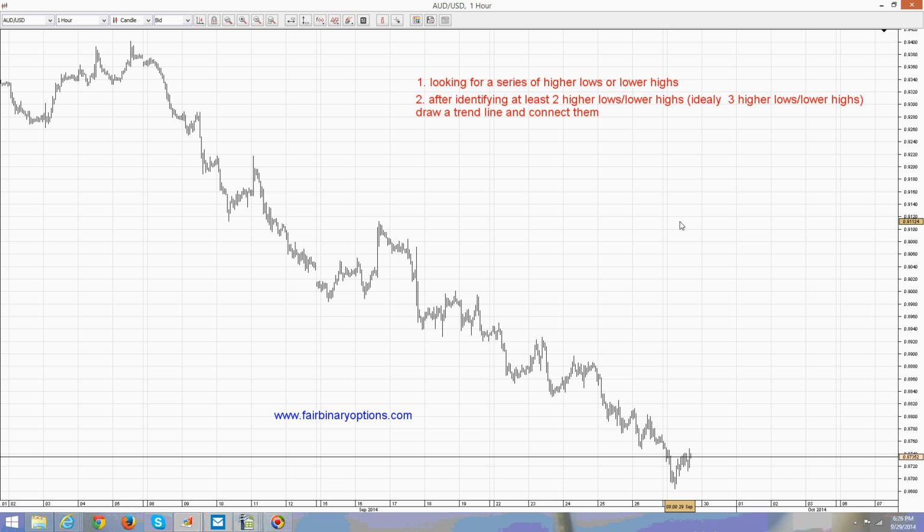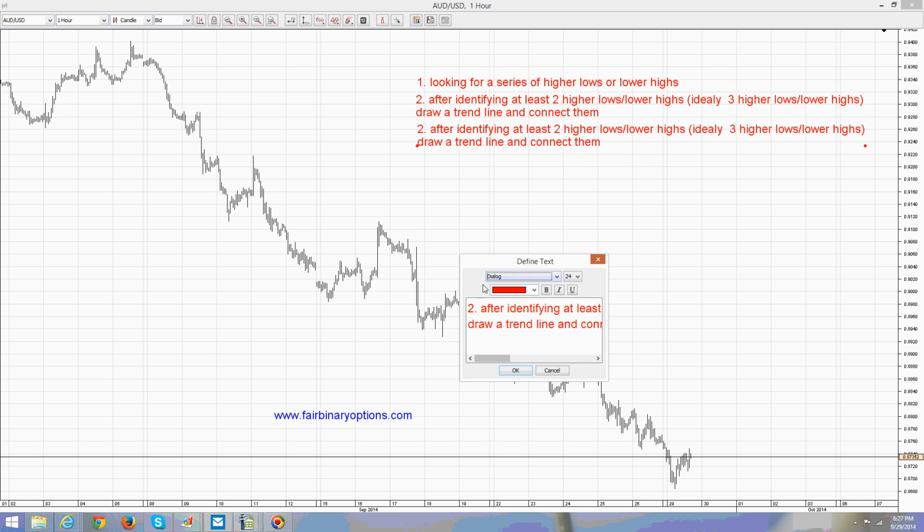Now, of course, after identifying these higher highs, higher lows and lower highs, it means that we can draw the trend lines, and the upper and lower trend lines represent the edges of a trend.